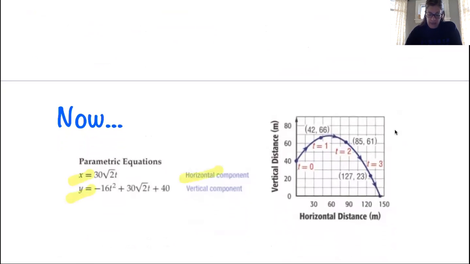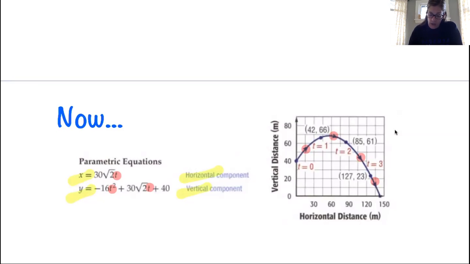X is going to be your horizontal distance, Y is going to be your vertical distance, and both of those are in terms of some t. That's your parameter that you talked about with Mrs. Homan. That's why on this graph you have those arrows showing the direction or the change in position for your object. And so now we know all three things.